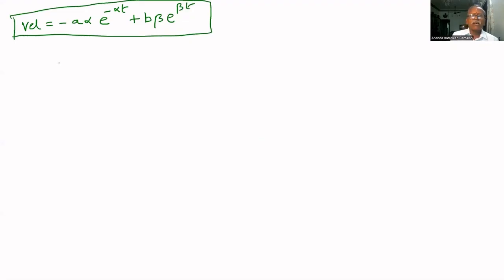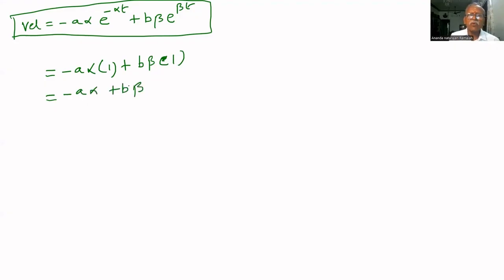Suppose I want to know the velocity of this particle at t equal to 0. Substitute t equal to 0. Minus a alpha, e power 0 is 1, plus b beta, e power 0 is 1. Therefore, the answer is minus a alpha plus b beta.